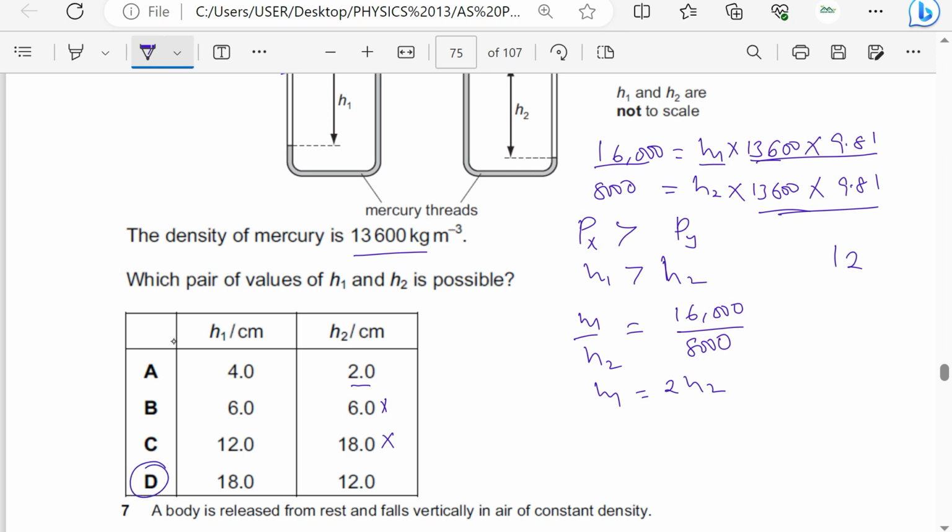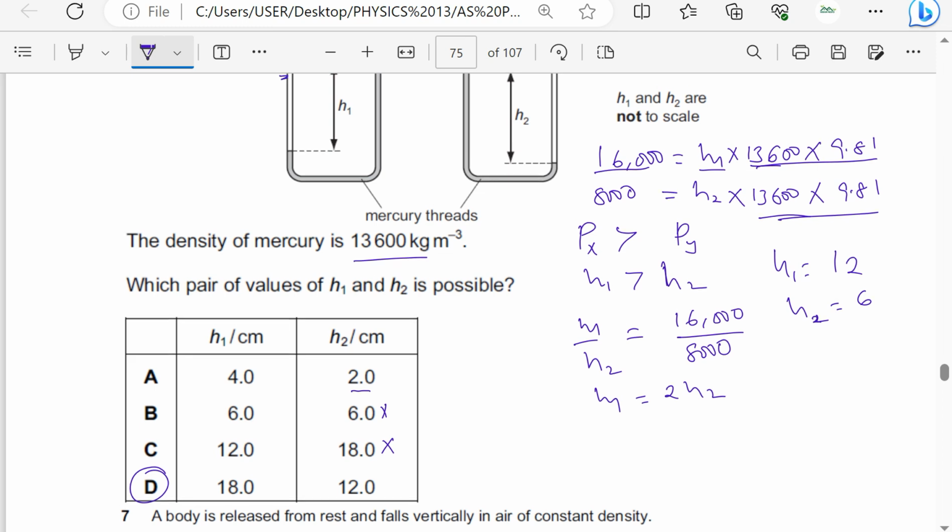When H1 is 12, because H1 is twice H2, H2 is going to be 6. We can check. Okay, so I think I forgot something here.